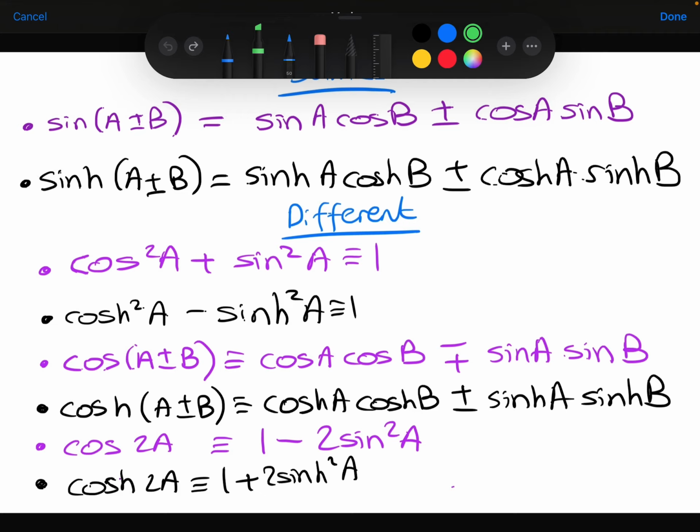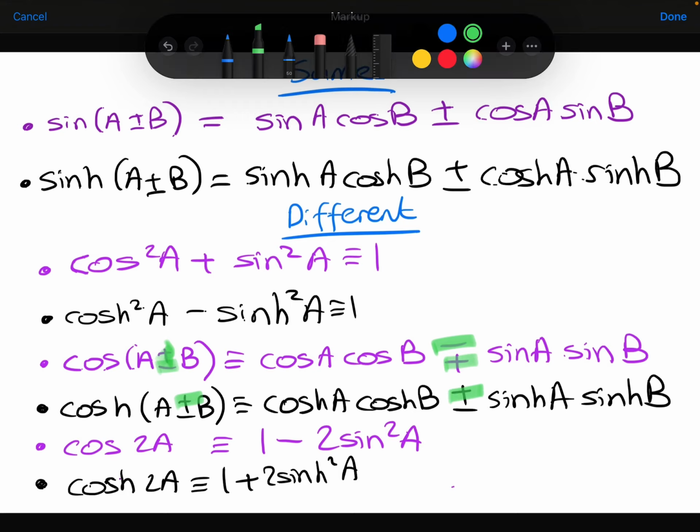The addition formula for cos, when we're dealing with trigonometric functions: when that's a plus, this is a minus. When that's a minus, this is a plus. So the signs flip for the trigonometric identity. But when we're looking at the hyperbolic signs, they stay the same.